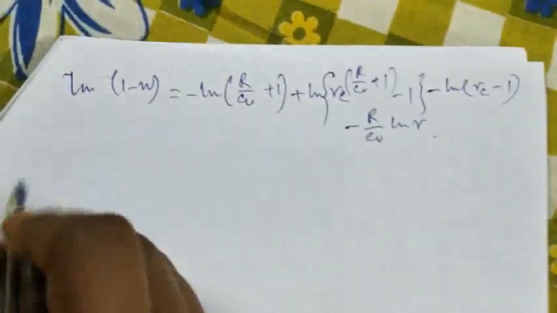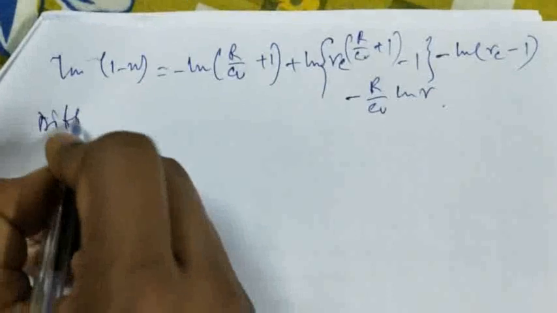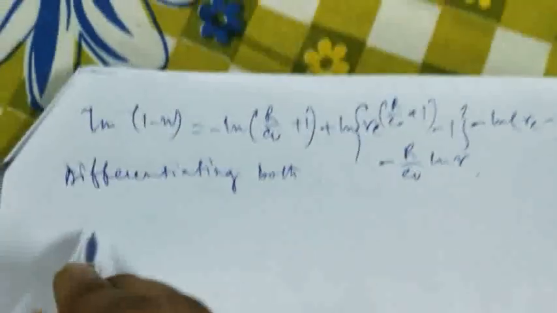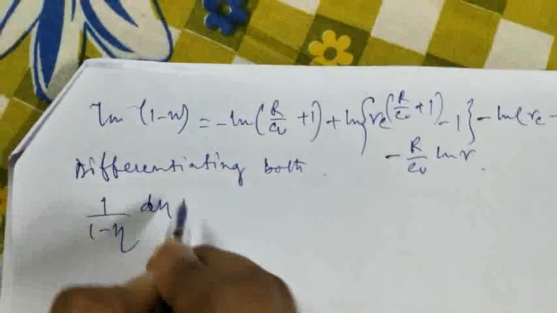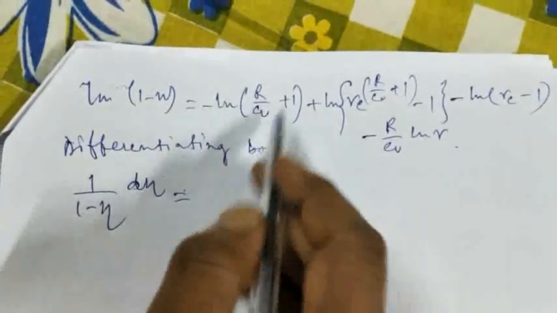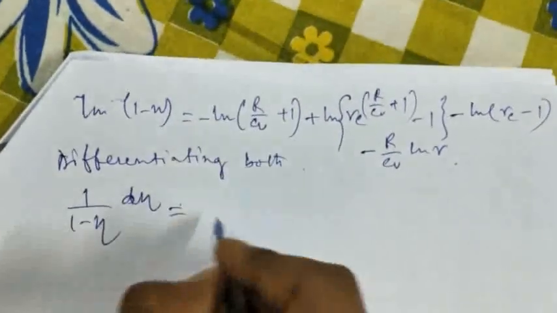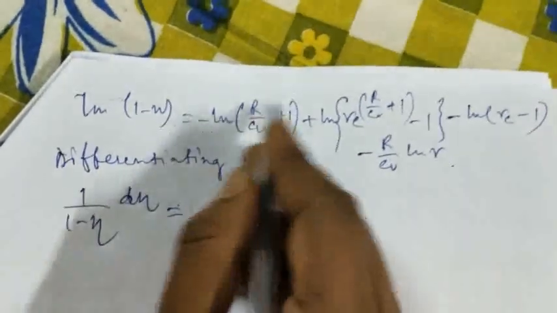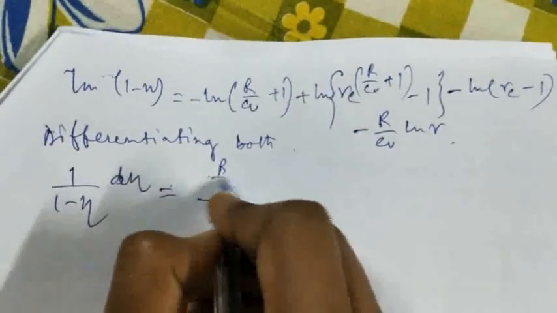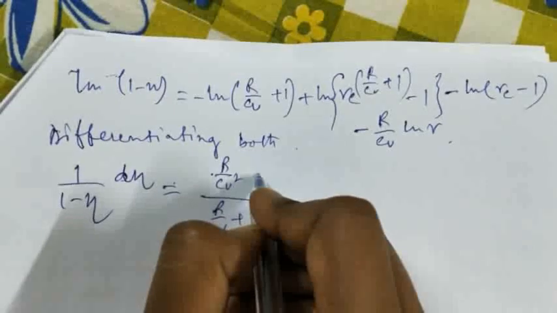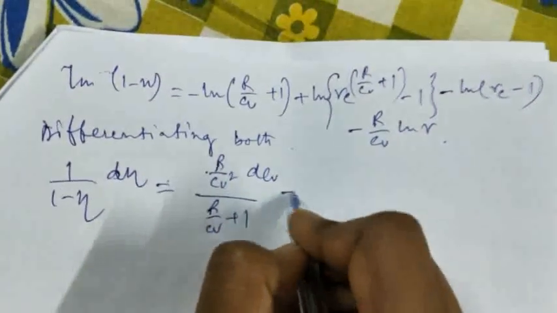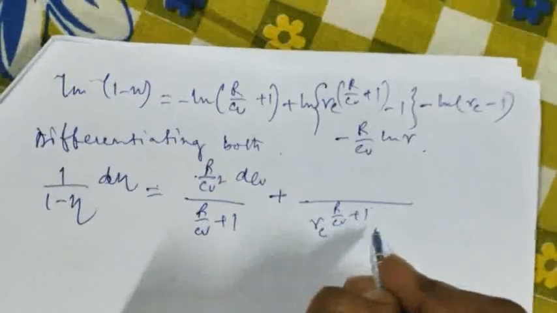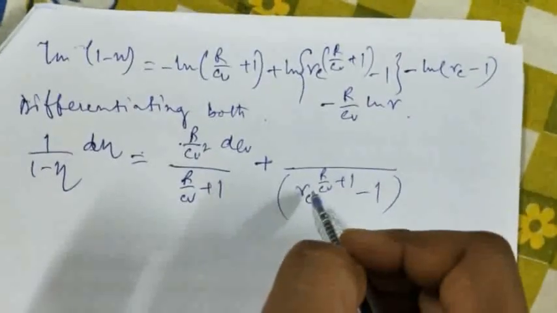Differentiating both sides, we get 1 by 1 minus efficiency, d of efficiency, equal to the differentiation of the first term, 1 by the whole R by Cv plus 1, and again differentiating inside gives R by Cv squared d of Cv, plus the differentiation of 1 by rc to the power R by Cv plus 1 minus 1, this whole thing.